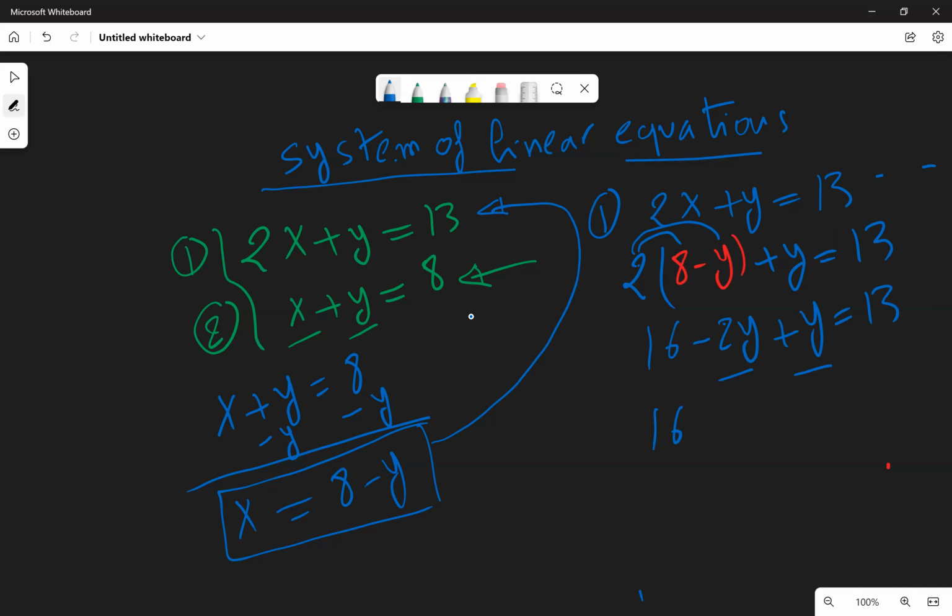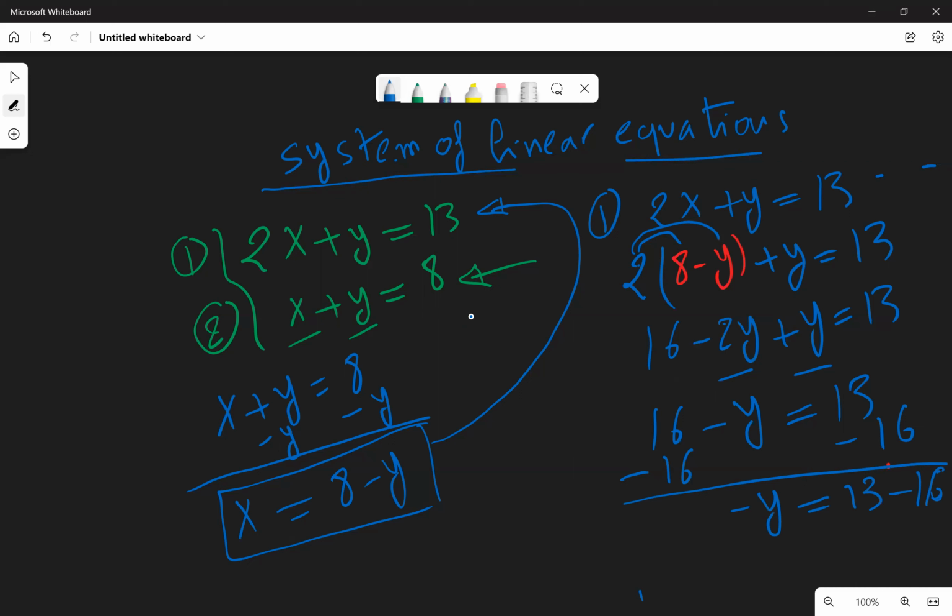So I have 16 minus 2y plus y, which is just 16 minus y, equals 13. And now I want to solve for y, so I have to get rid of this 16. So I subtract 16 on the left side and do the same thing on the right side. And then I get minus y equals 13 minus 16.